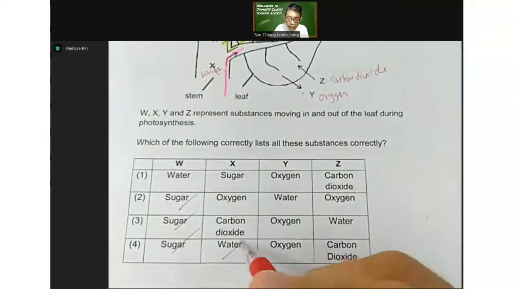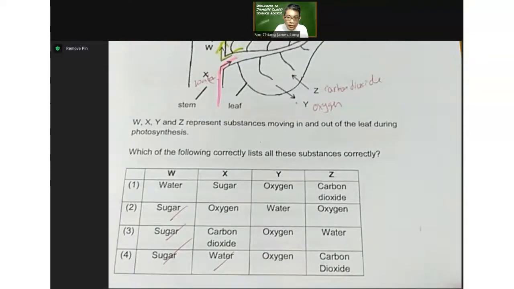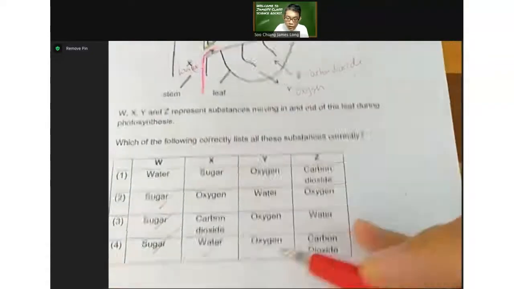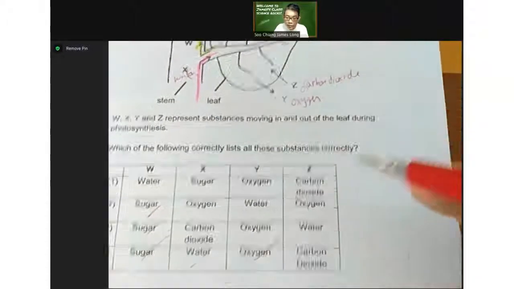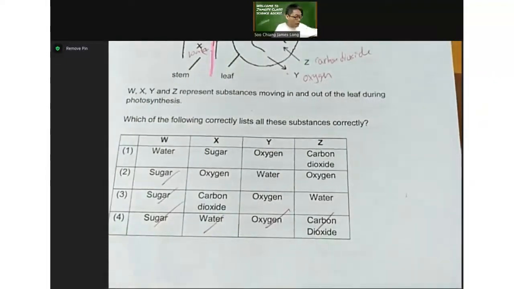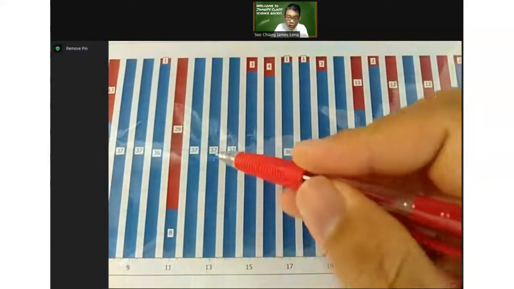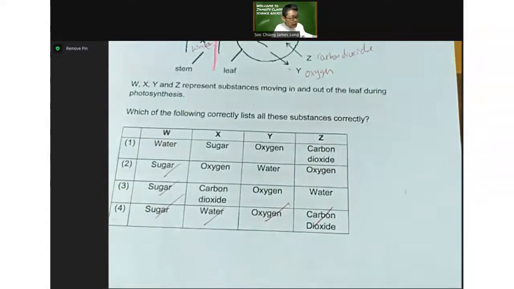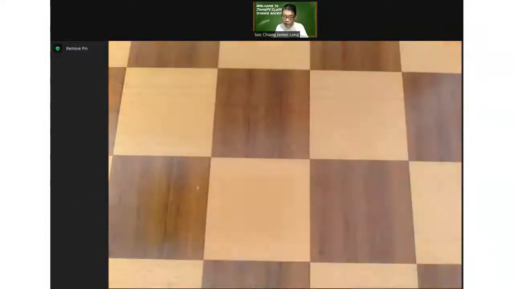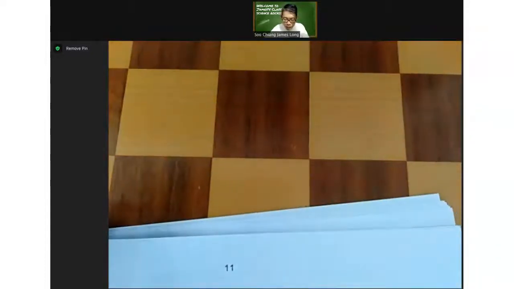Oh, got the answer. Now let's double check. Y is oxygen and Z is carbon dioxide. So question 13, was it a question that was well done by you guys? Not bad. Everybody got this right. Okay, good job.